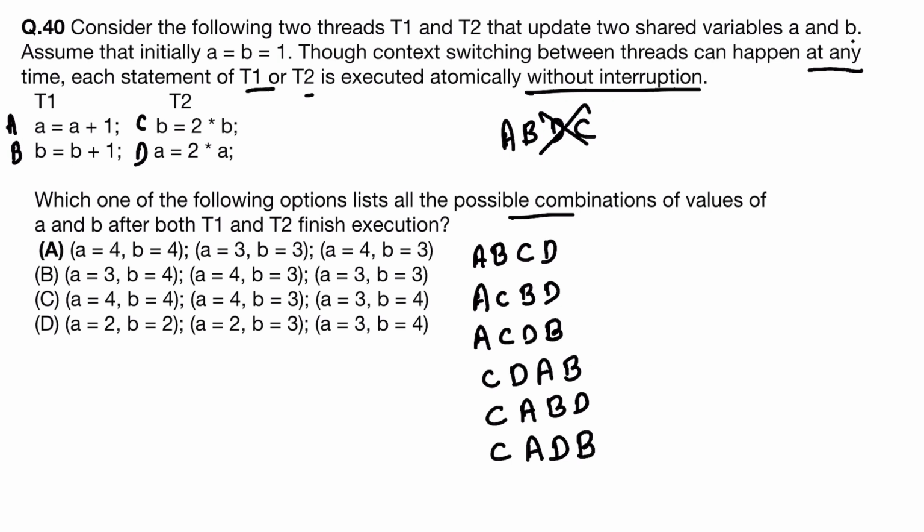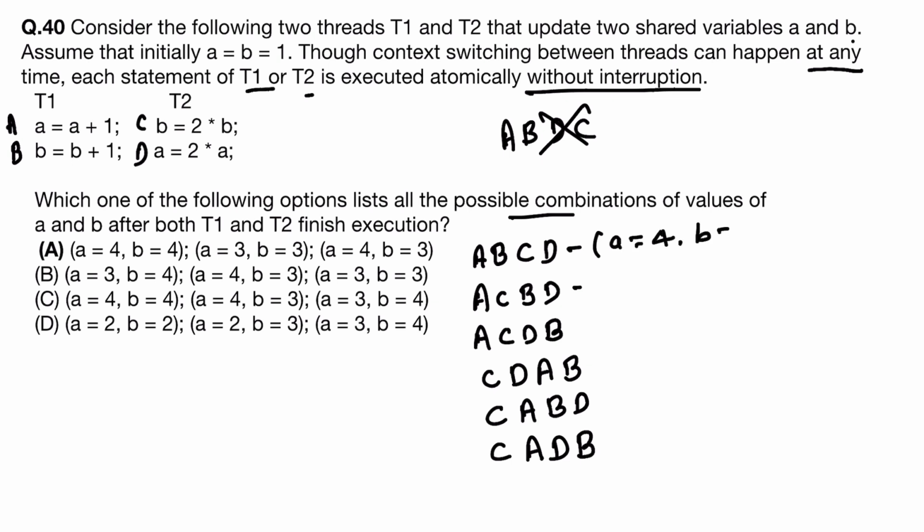So for each possibility, calculate the values of A and B. For A, B, C, D, I see at first for A: A then D happens. So A will be initially 2 here and then 2 times A, so A becomes 4.